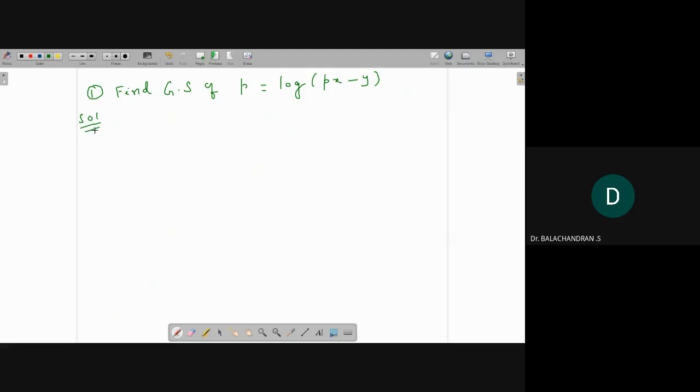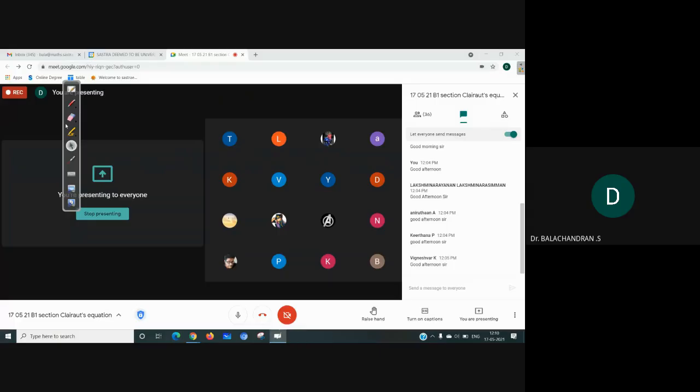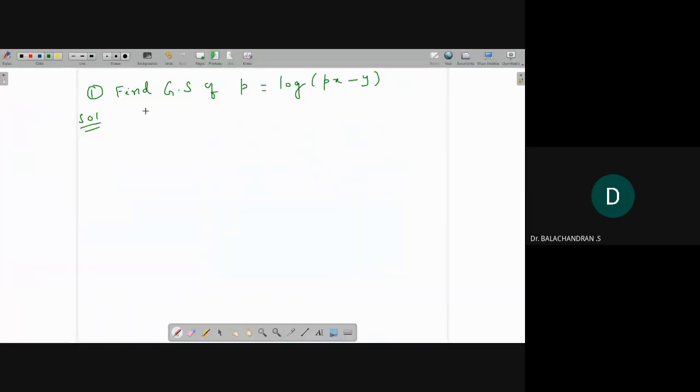So how to solve this problem? Any of you? First, you should write it in the form of y is equal to px plus function of p.